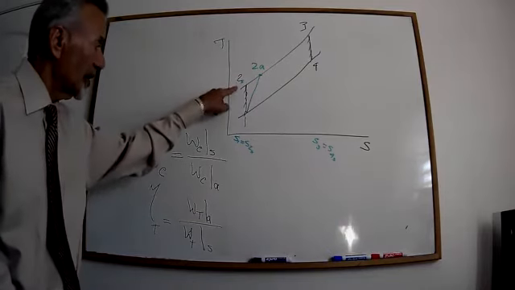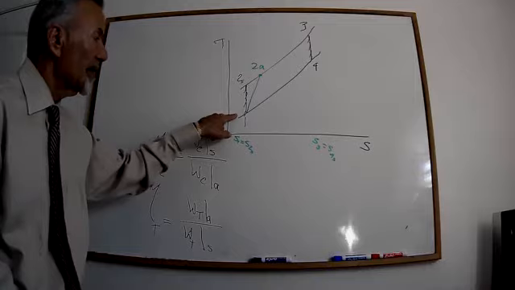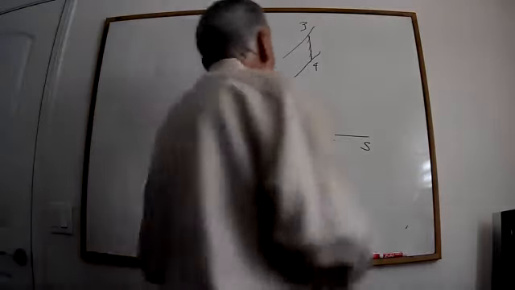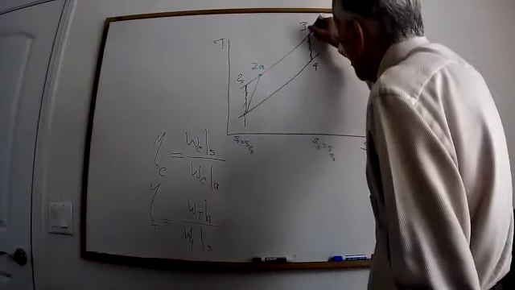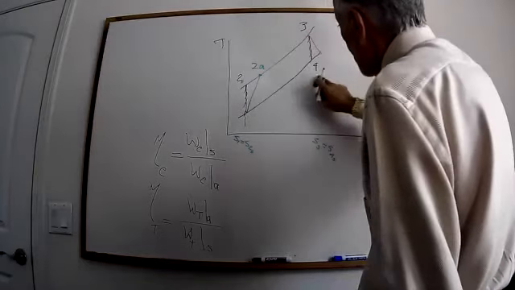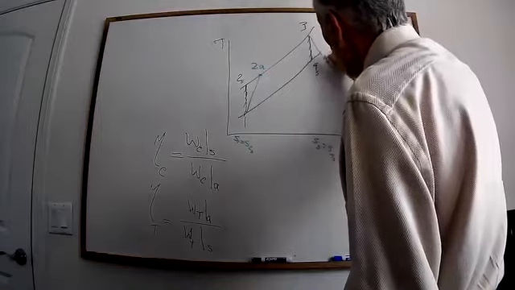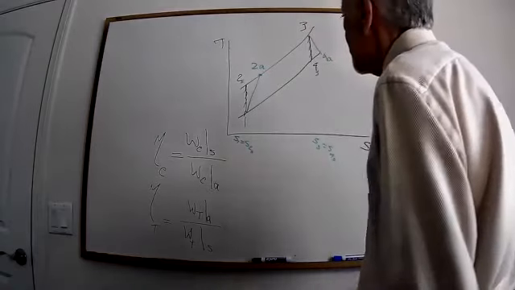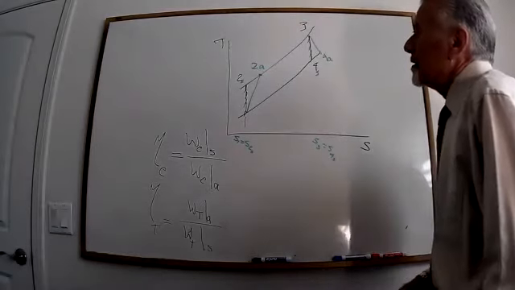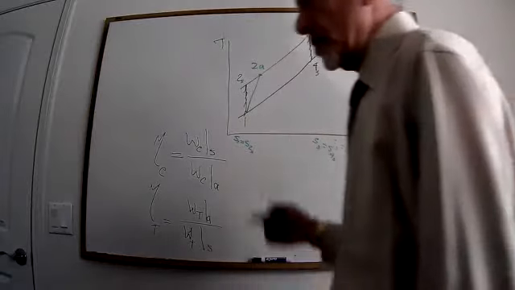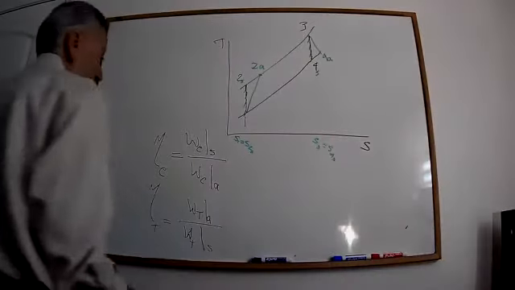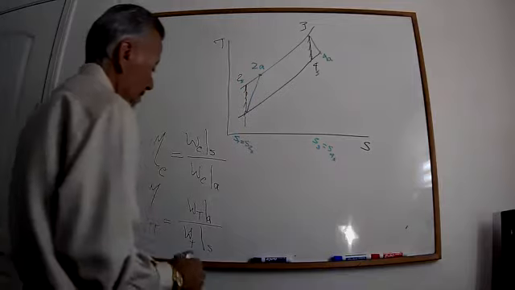This is isentropic work of a compressor. For the turbine, we go from 3 to 4s. This becomes 4A. So that's the first thing we need to do on the TS diagram, show the efficiency.